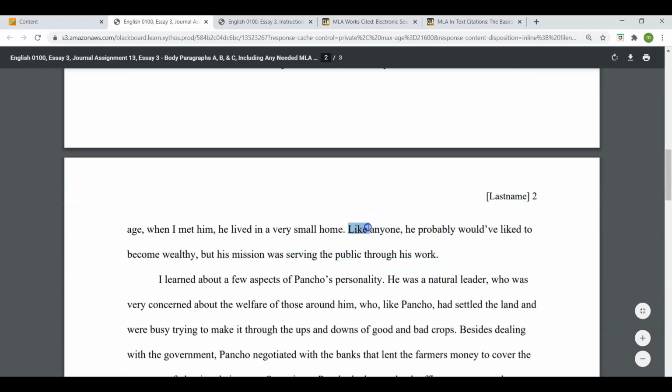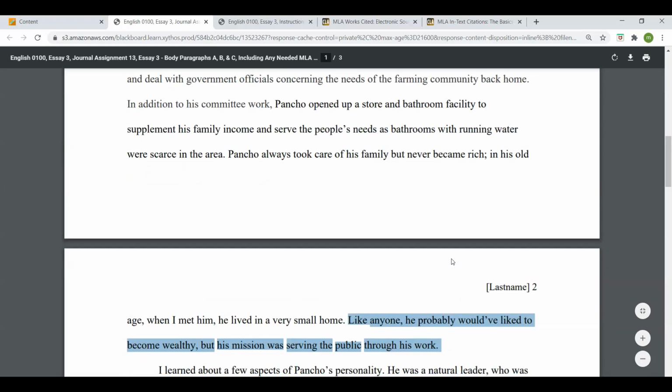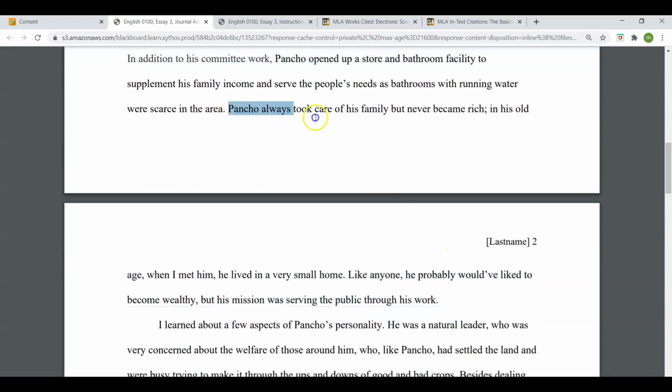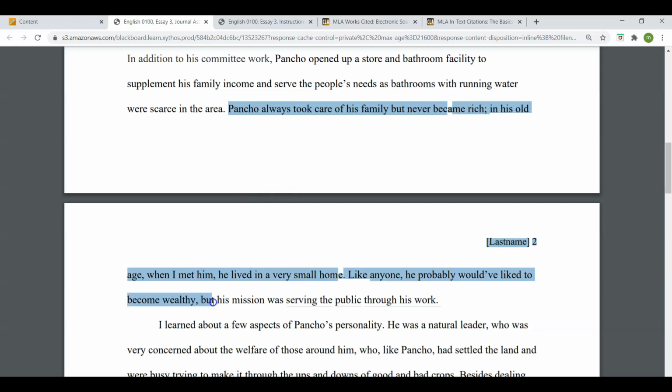So notice, like anyone, he probably would have liked to become wealthy, but his mission was serving the public through his work. In the previous sentence, I had said, Pancho always took care of his family, but never became rich. In his old age, when I met him, he lived in a very small home. Like anyone, he probably would have liked to become wealthy, but his mission was serving the public through his work.